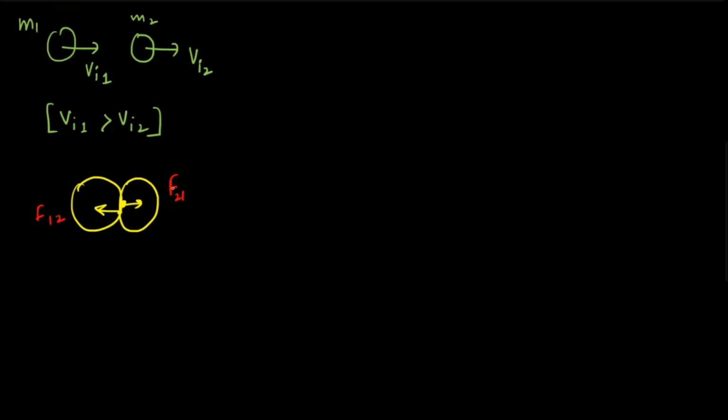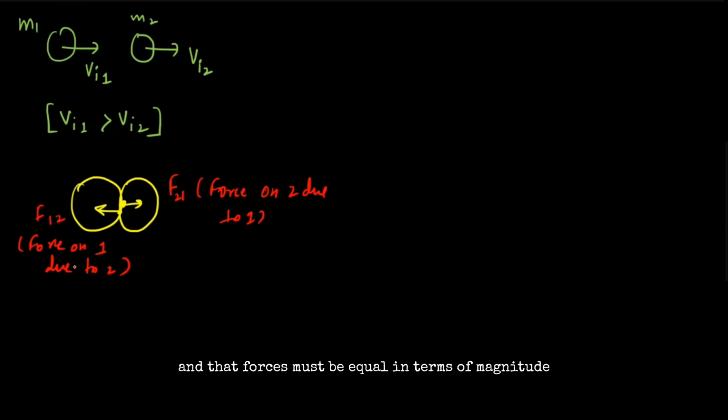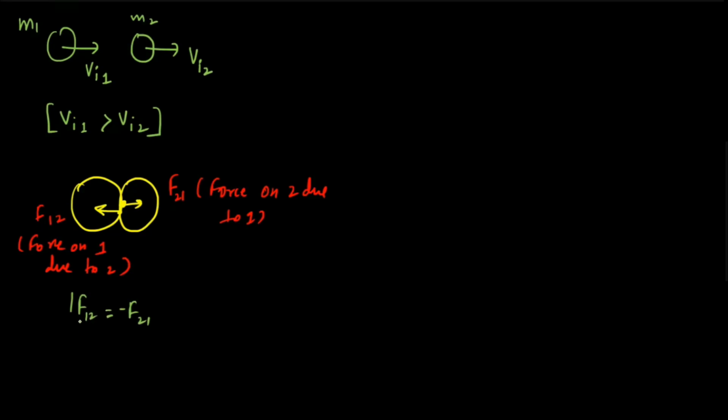So force on 2 due to 1 acts in the forward direction, whereas force on 1 due to 2 acts in the backward direction. The forces must be equal in magnitude. That's why they are referred to as action-reaction pairs. That is again an important part. So F12 must be equal to F21, and they must be written like that.